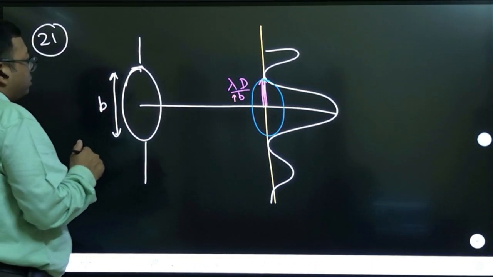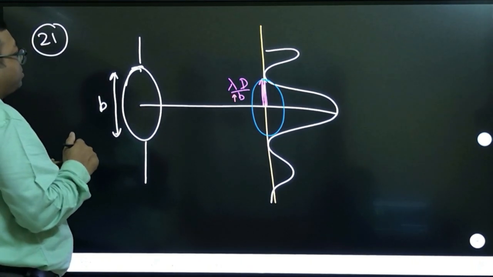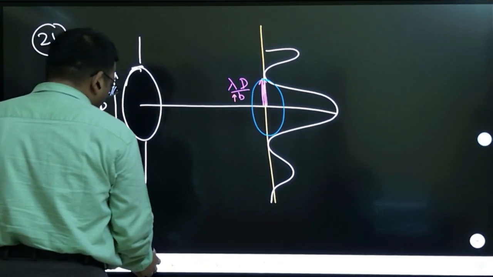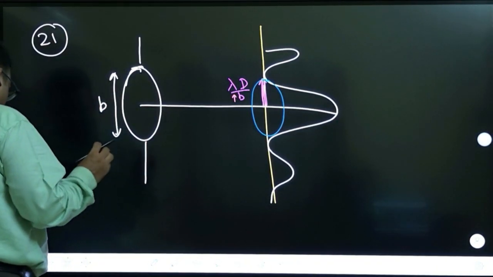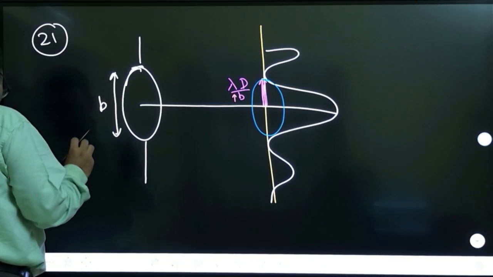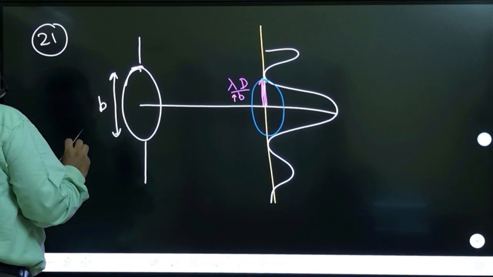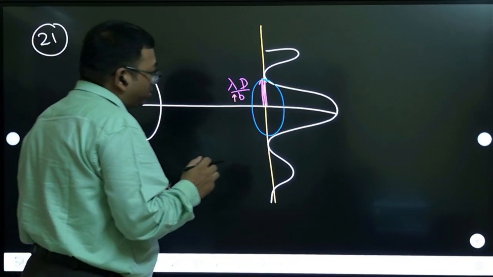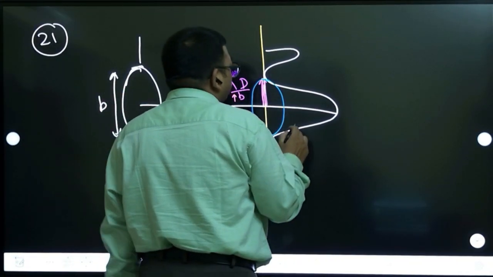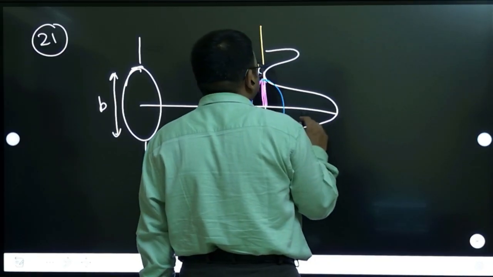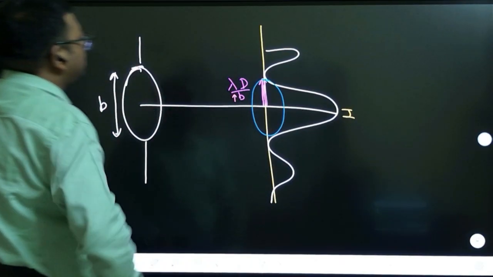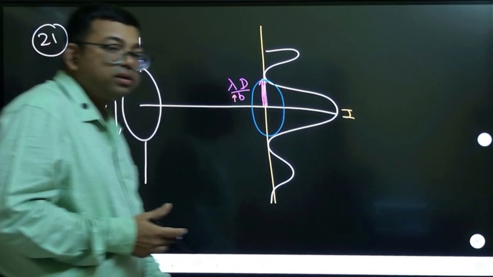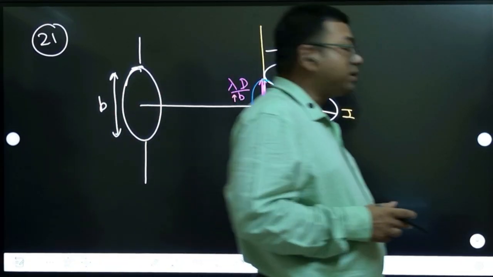What about the intensity of the pattern formed? That you need to think about. Suppose you take monochromatic light, so you know on what factor the intensity depends. How does this intensity depend on b?